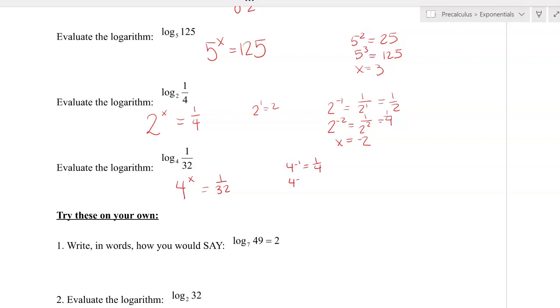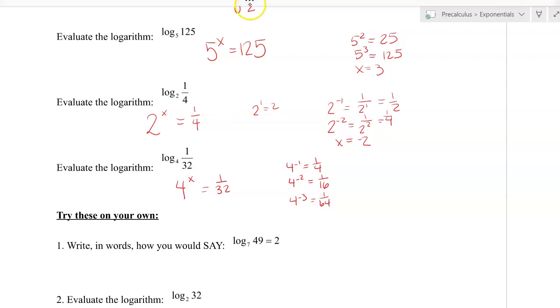I've got 4 to the negative 2, which should equal 1/16. I've got 4 to the negative 3, which is going to be 1 over 64. Well, crap, I just passed that 32, so there's got to be another way to do that.